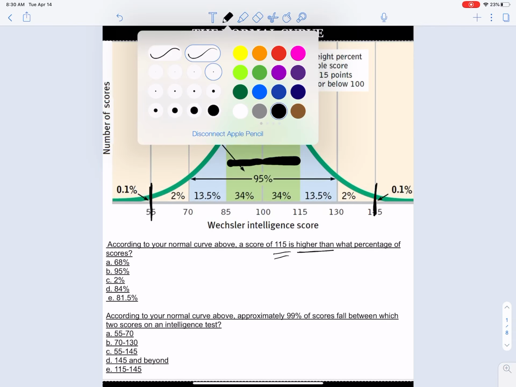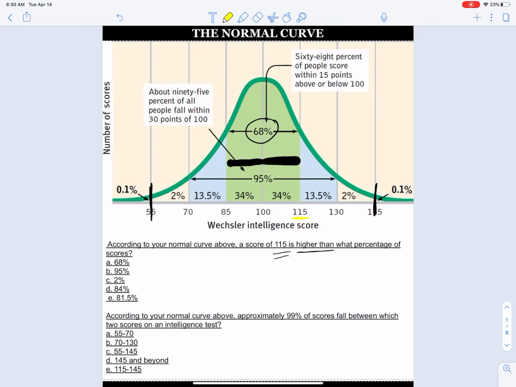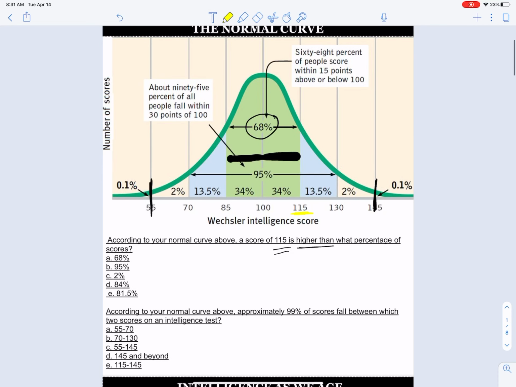So if we look where the 115 is, it is right here. That lies one standard deviation to the right of the mean, median, and mode. 34% of people lie right here, but they're asking what percentage of the scores. So don't forget that 50% of the scores lie to the left of the mean, median, and mode.